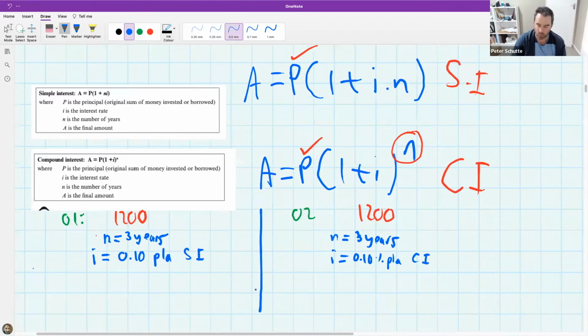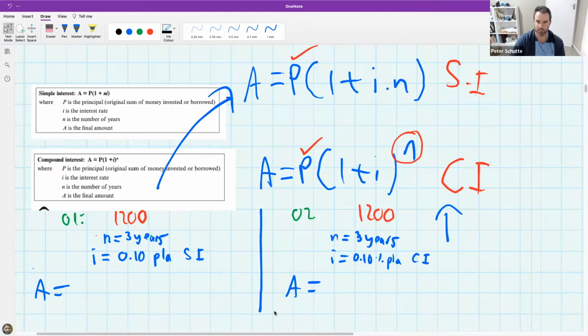And basically what you need to do is you need to take, for SI, which is this one over here, you're going to use that formula at the top. And then for this one, for compound interest, you're going to use that. And I want to see what your final A values are in each case. Okay, over to you guys.